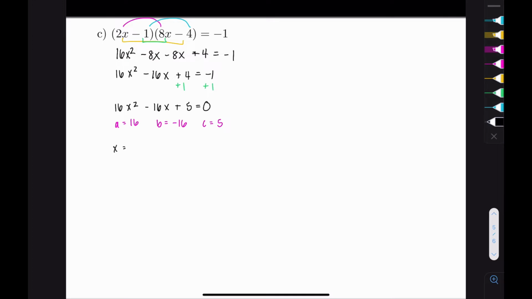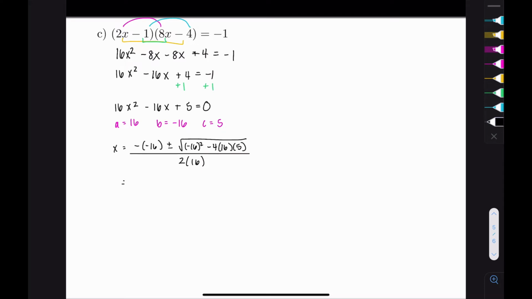So our solutions are negative b plus or minus the square root of b squared minus 4ac, all over 2a. And now it's a game of simplification.